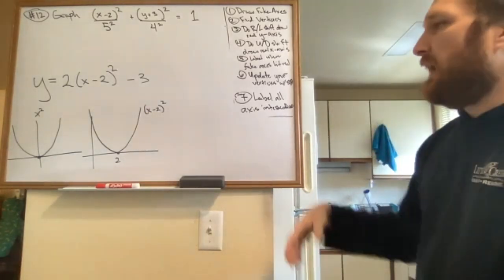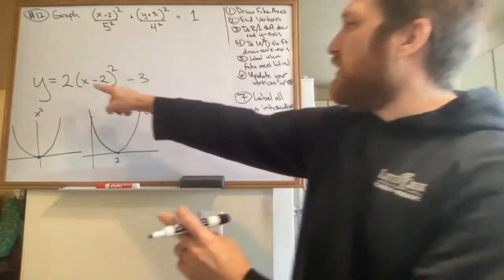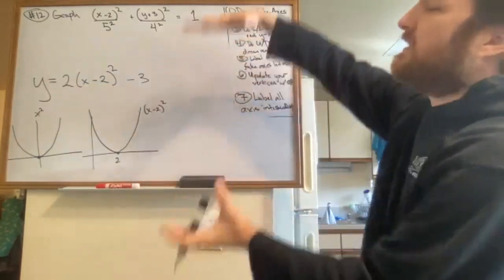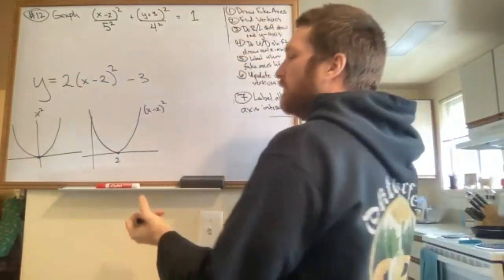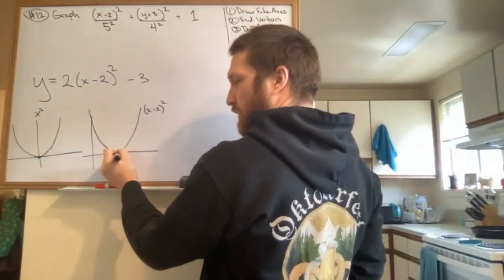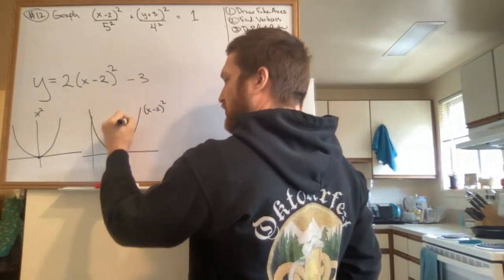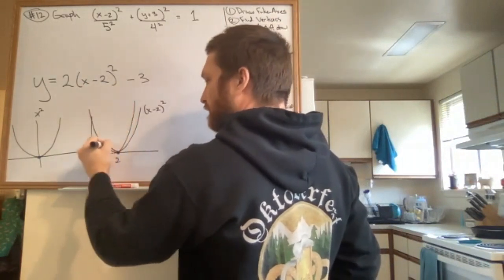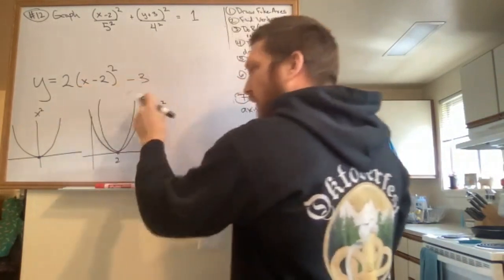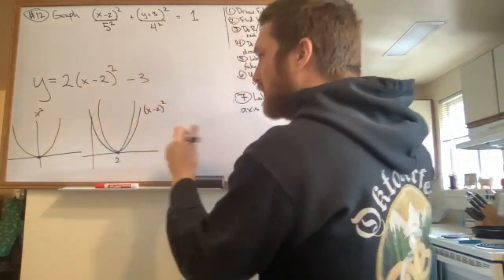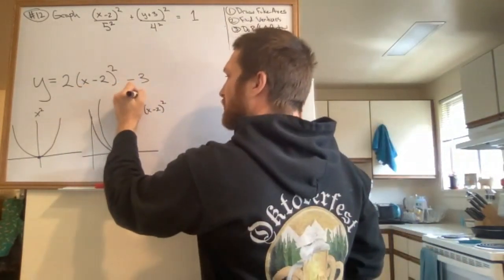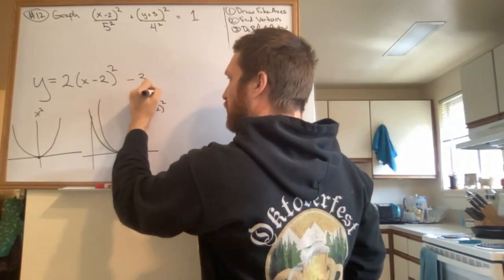Then we took it and it looks like we multiply it by 2. So that has the effect of stretching it up, but it's not going to change this bit. And so, okay, cool. So we stretch it up like this. And now this last one that I drew is 2 times x minus 2 squared.